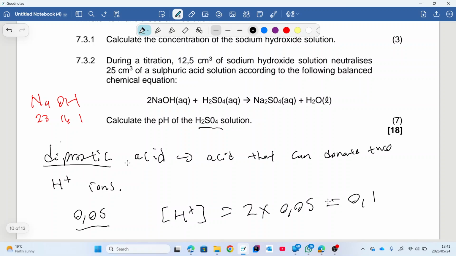If it is monoprotic, it is like hydrochloric acid. Hydrochloric acid is monoprotic because it only has 1 H. Some of them are not diprotic, they have 3, like phosphoric acid. Phosphoric acid is H3PO4, so that one needs 3. Okay, now I understand.